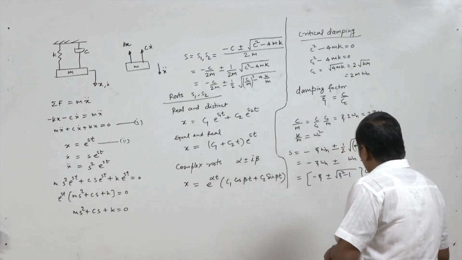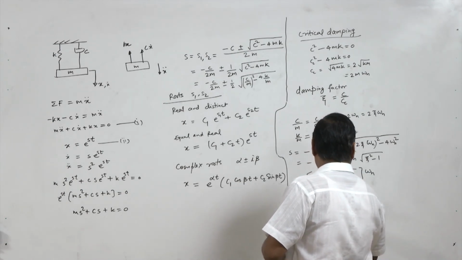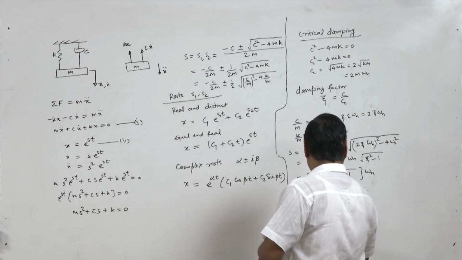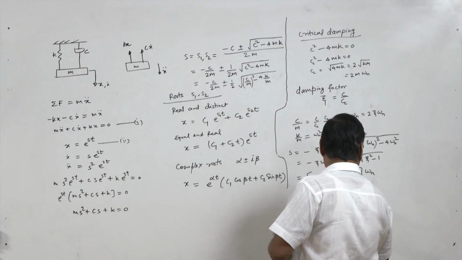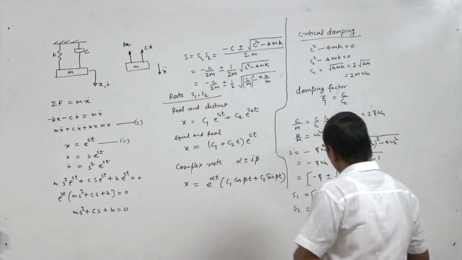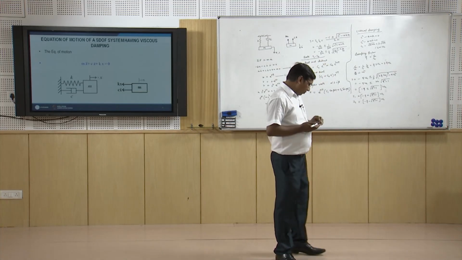So these are our roots. So our S1 equal to minus zeta plus root zeta square minus 1 times omega n, and S2 equal to minus zeta minus root zeta square minus 1 times omega n. Okay. So these are the two roots S1 and S2 that we have obtained.